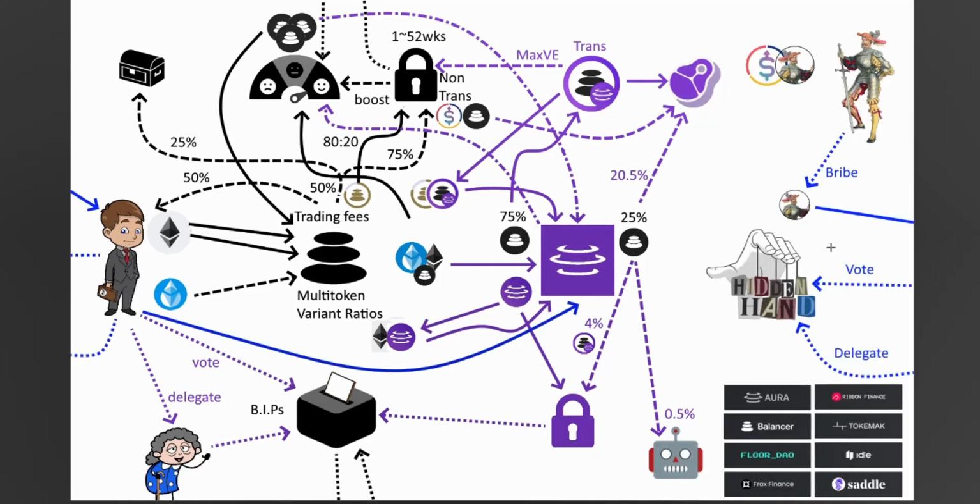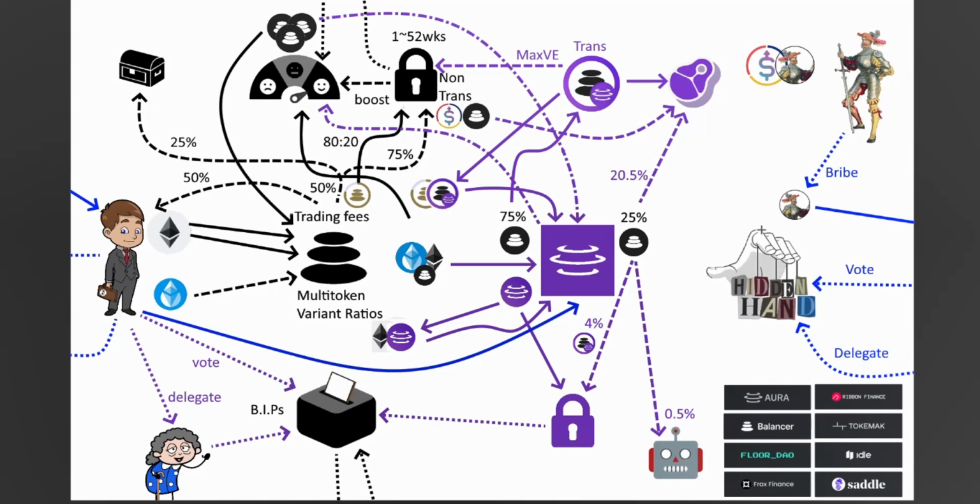Hidden Hand is a protocol that supports basically bribing for all of these protocols: Aura, Balancer, Floor, Frax, Saddle, Idle, Tokamak, and Ribbon Finance. So Dollar Bill can delegate his vote, or he can vote on Hidden Hand.